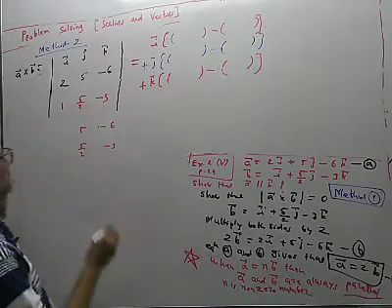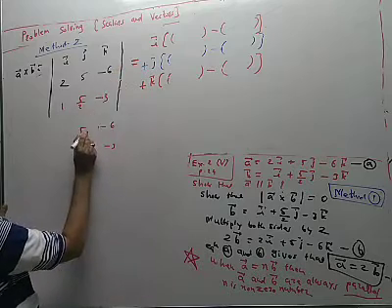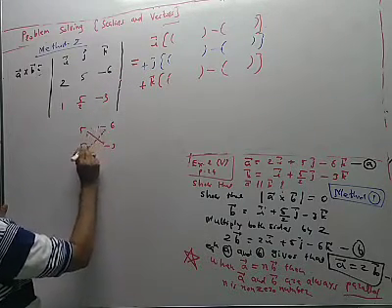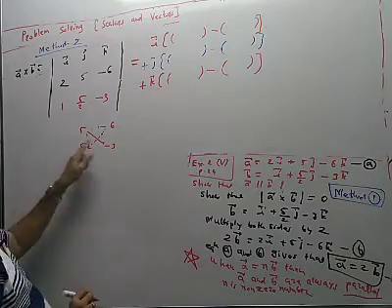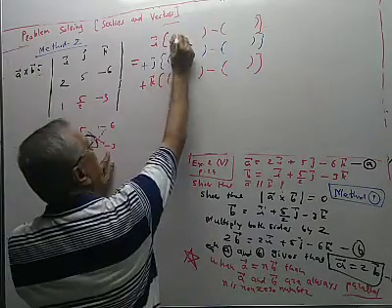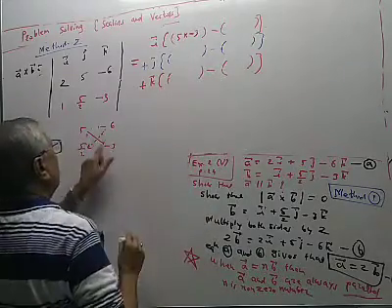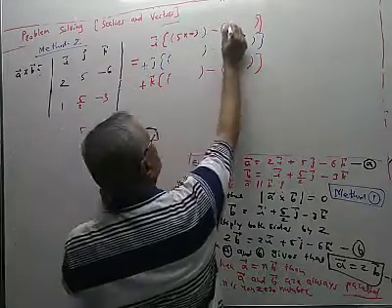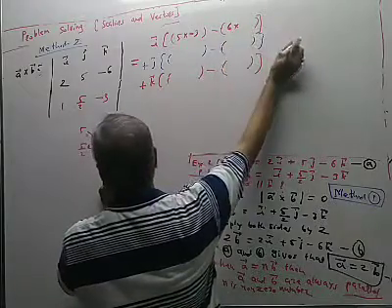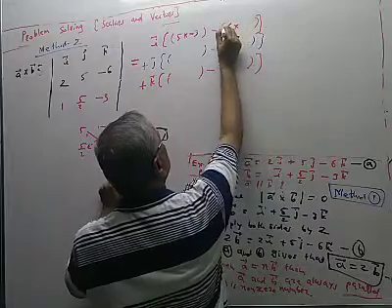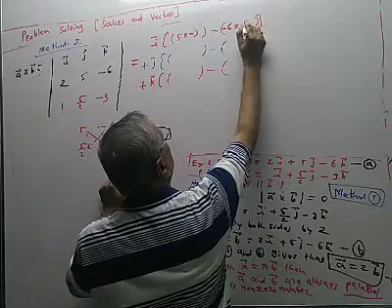For i, this is the first product and this is the second product. So 5 multiplied by minus 3 and minus 6 multiplied by 5 by 2.